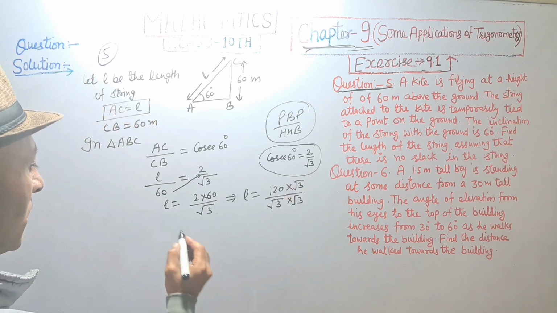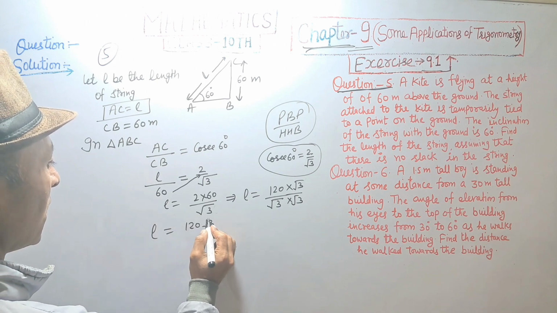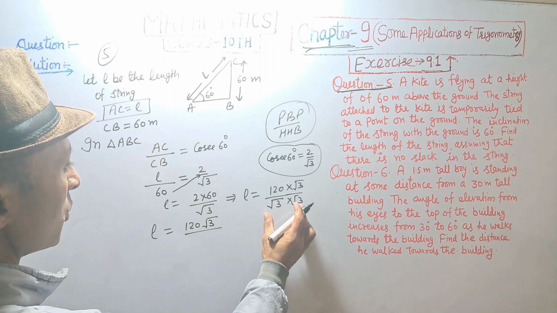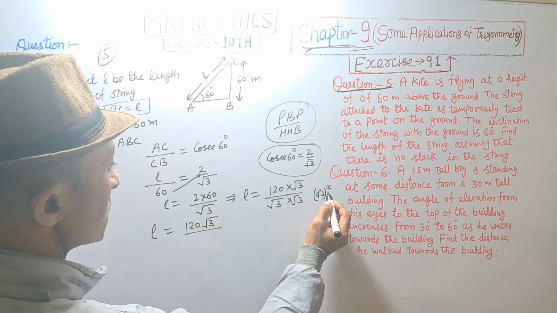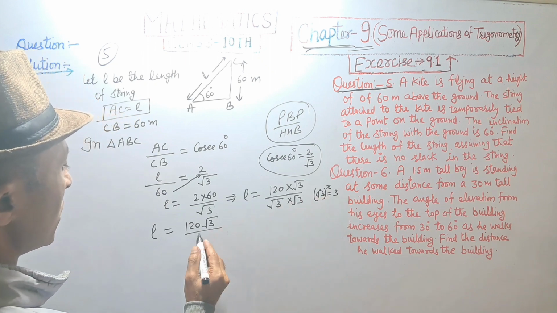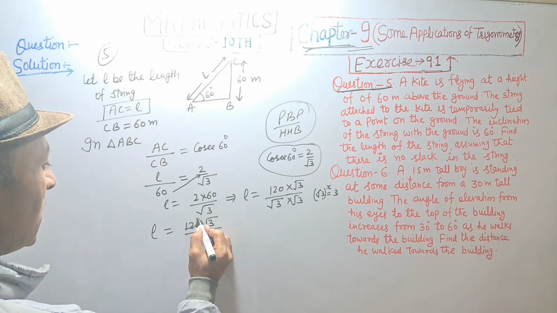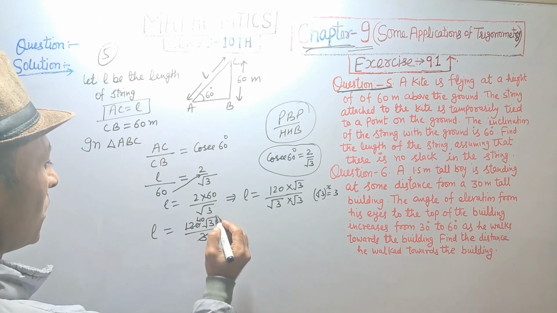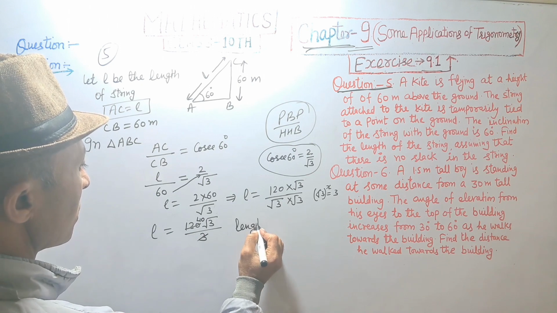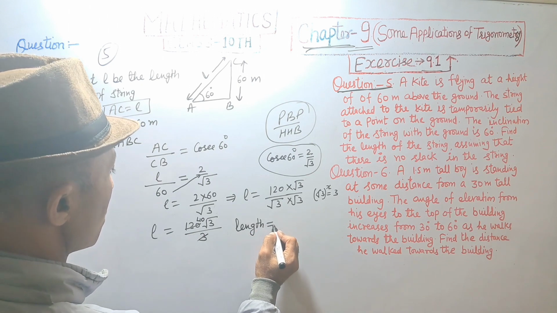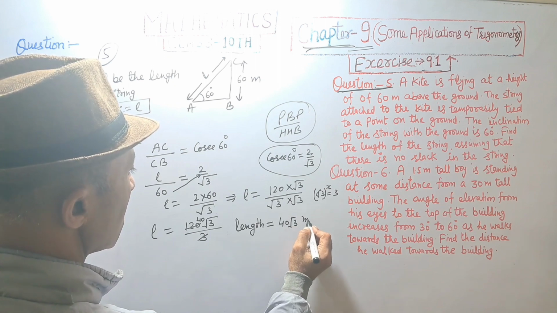L is equal to 120 root 3 divided by root 3 times root 3, that is root 3 square, and the square root is cancelled, that is equal to 3. And we divide 120 by 3, 40 threes are 120, so the length is equal to 40 root 3 meters.